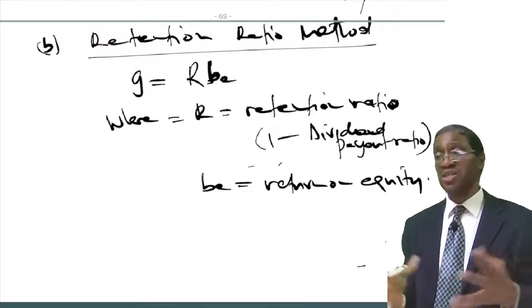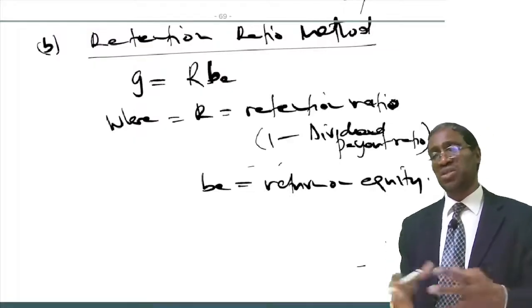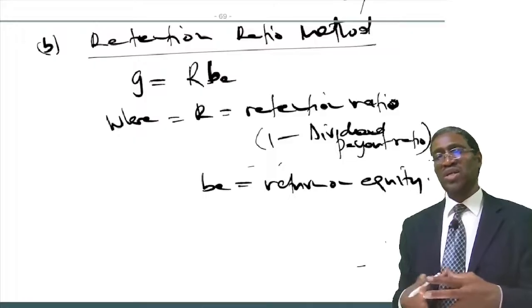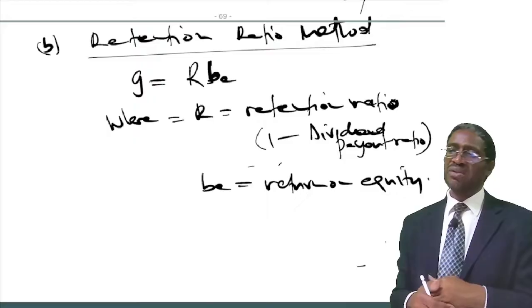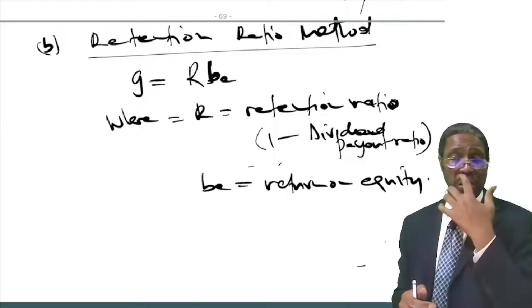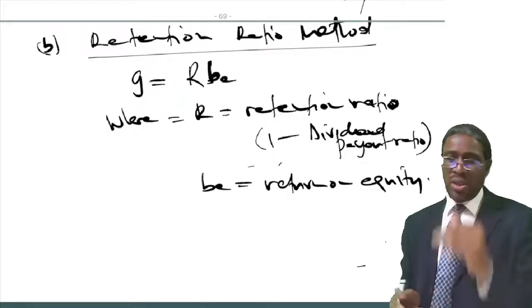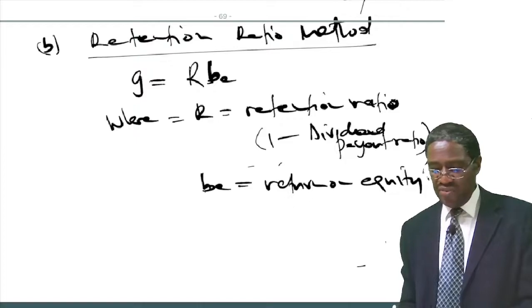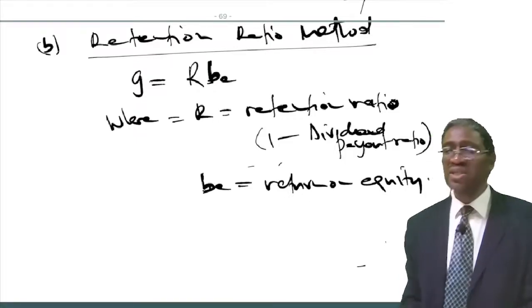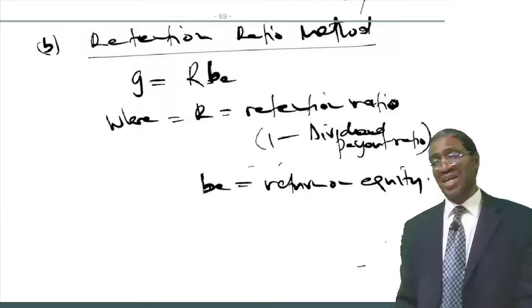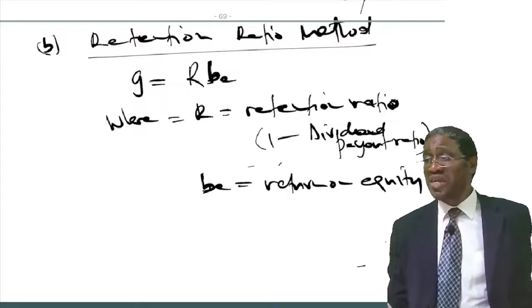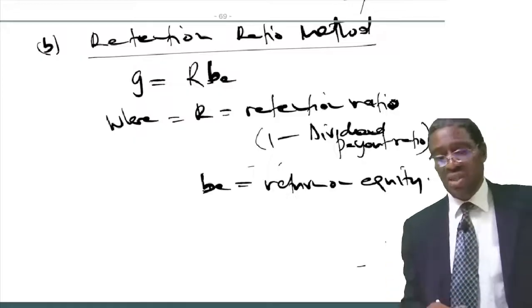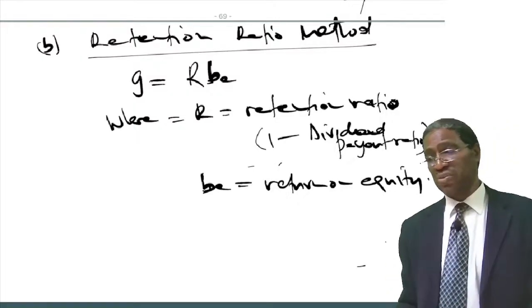If you want to get the retention, you can also take the retained per share divided by earnings per share. Then BE, we are calling it the return on equity. That's a ratio you will be given. What is the return on equity? It is 20%, 15%, whatever the examiner will give you.